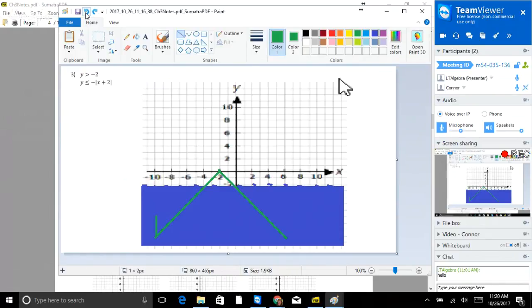No, I did that wrong. Something felt wrong about that. If I put in 0, 0, it's 0 plus 2, and then it's negative 2. I forgot my negative sign. So negative 2 is not bigger than 0. That means all of this inside here needs to be shaded in. If I can get my brushes to work, all this over here needs to be shaded in.